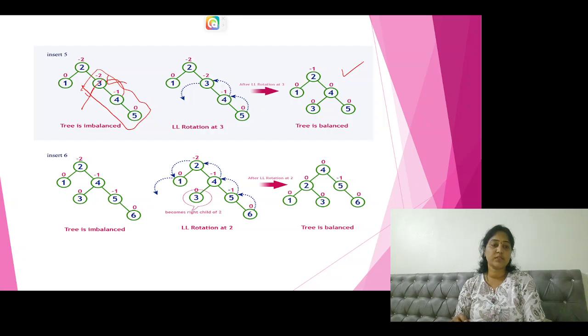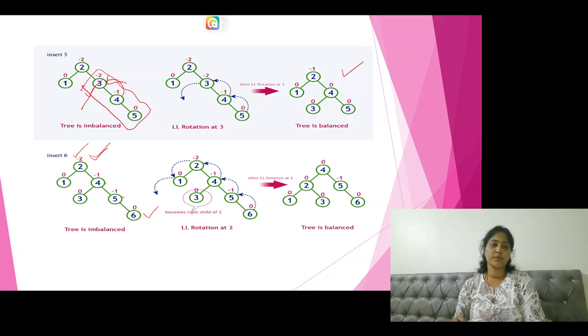Check this. Now see here, whenever you insert 6, here it is violating because 6 is greater than 2, greater than 4, greater than 5, so it is inserted here. But the balance factor of the root node is getting 2. Because it is right skewed, you take the LL rotation.